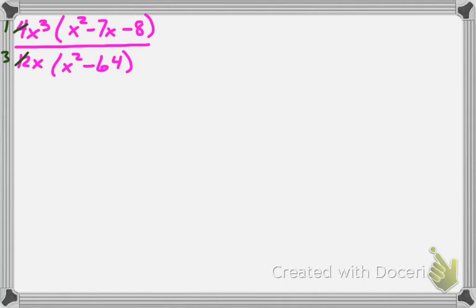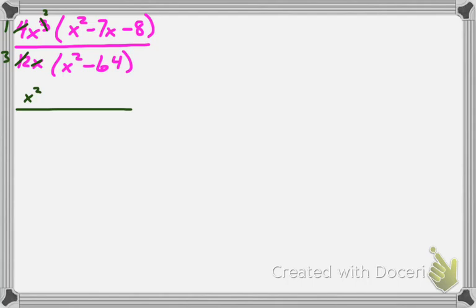The x's on the front, if I subtract those exponents and put the answer on top, I have x squared on top. So at that point, I have this.